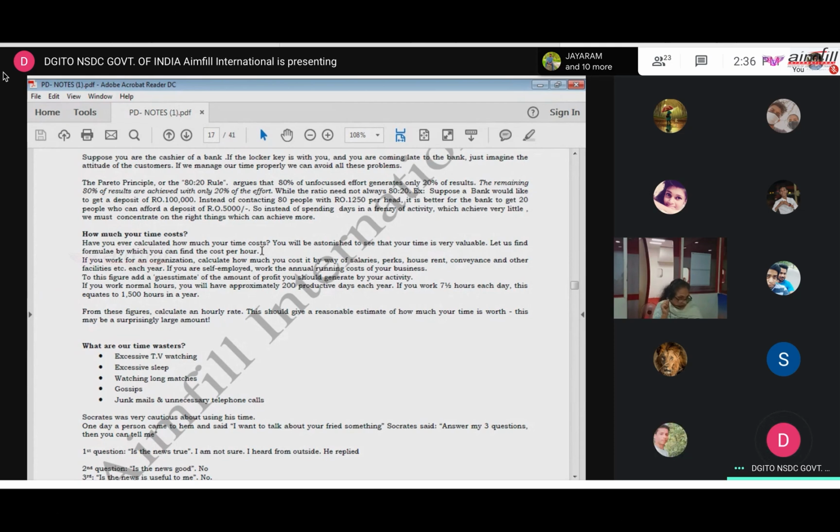Cost of time per hour now: 15,750 divided by 48. The answer will be 328, but we'll round it off and write 330.